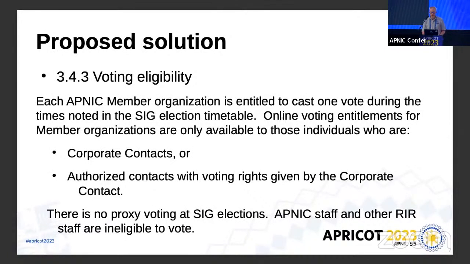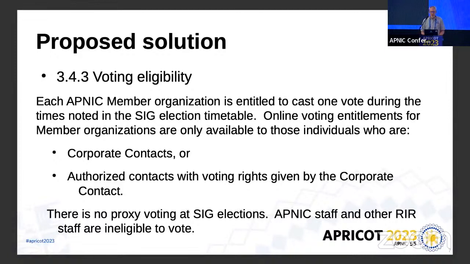3.4.3, voting eligibility. Each APNIC member organization is entitled to cast one vote during the times noted in the SIG election timetable. Online voting entitlements for member organizations are only available to those individuals who are corporate contacts, or authorized contacts with voting right given by the corporate contact.